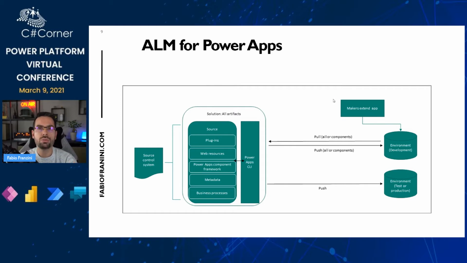Here, we are able to change the files or work with another citizen developer or another developer that needs to change the application. And then at the end, we are able to push by packing again from the source control, so from the source files to a real solution, and push it inside a test or production environment.